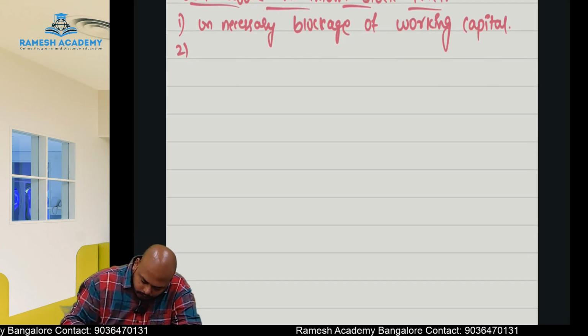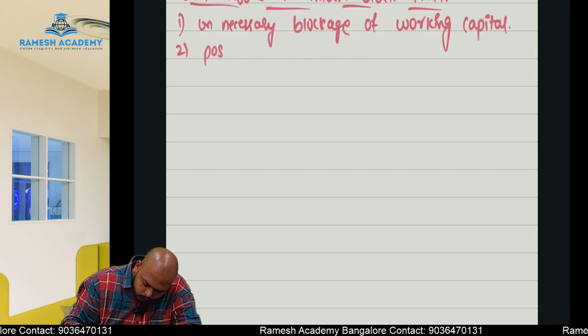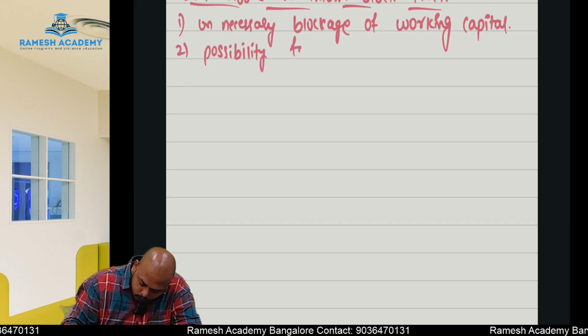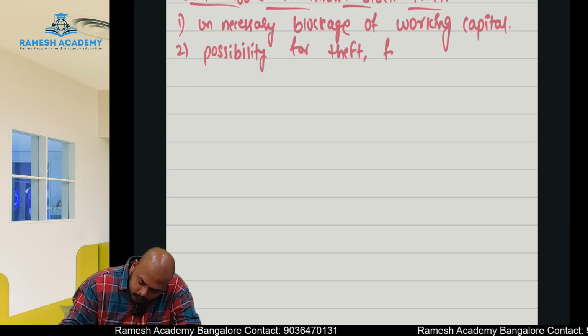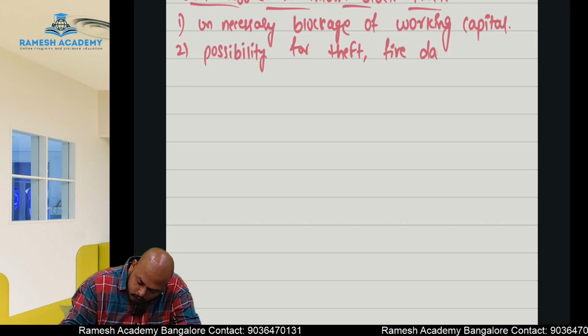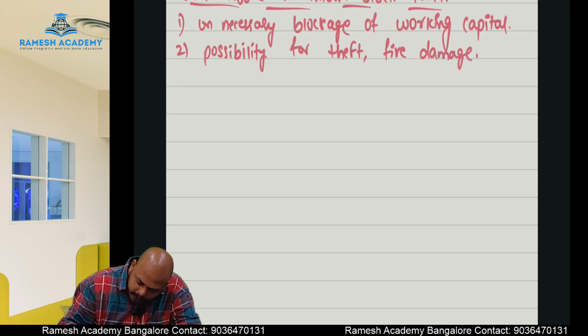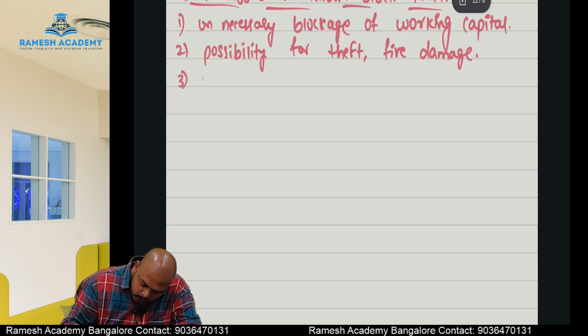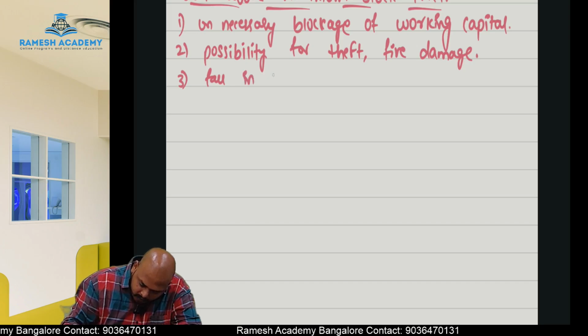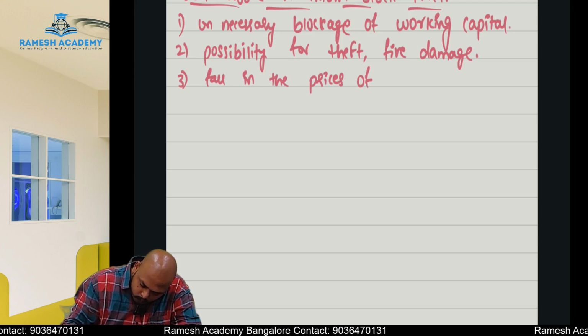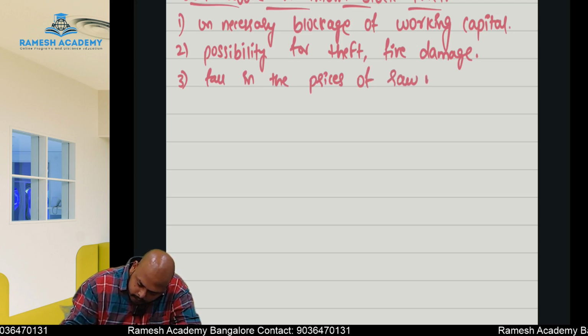Second one, possibility for theft and fire damage. Third one, fall in the prices of raw material.